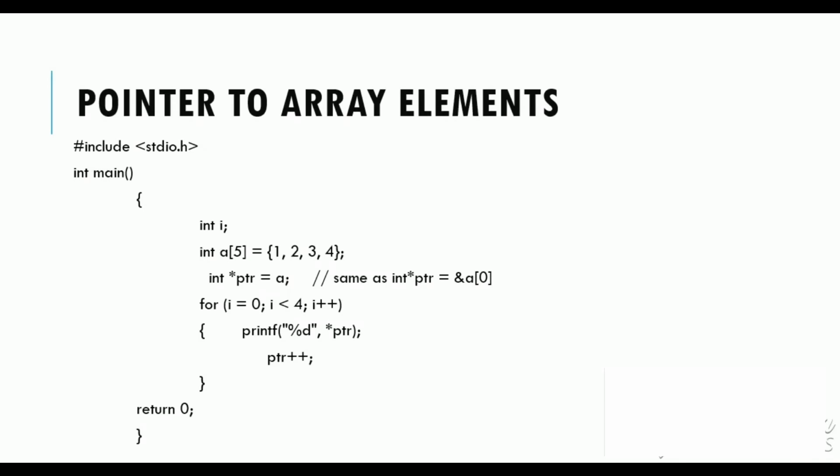In the print statement, we are printing the pointer variable which stores the address of the array a. Here the integer asterisk pointer is storing the address of a, that is the first element, and the same is done when we write integer asterisk ptr equals a.